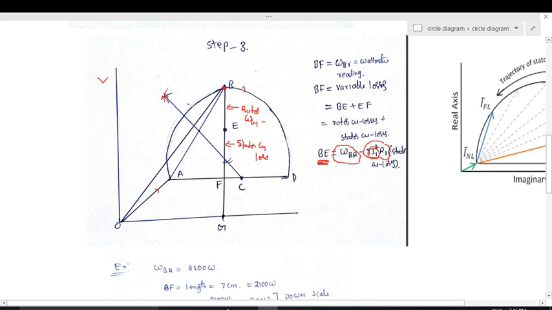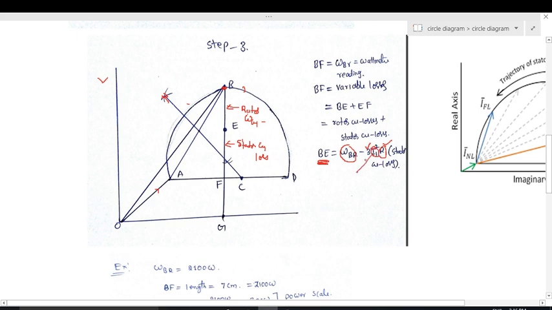I1 is the current in the stator, and R1 is the stator resistance. The resistance we should find from a separate method. So using that we can find R1, and 3 is for the 3 phases.